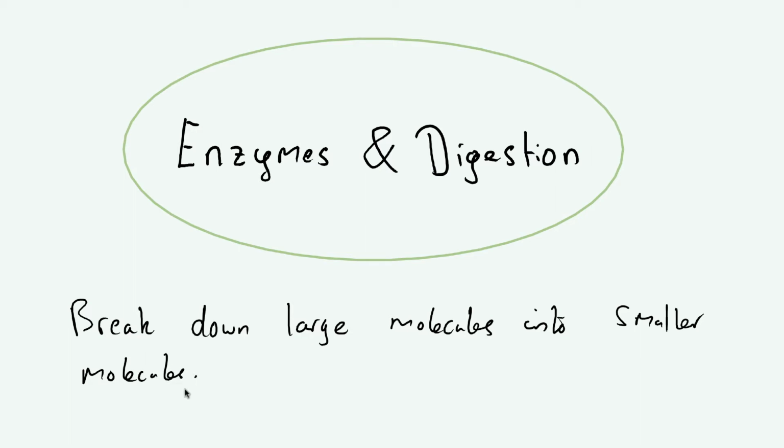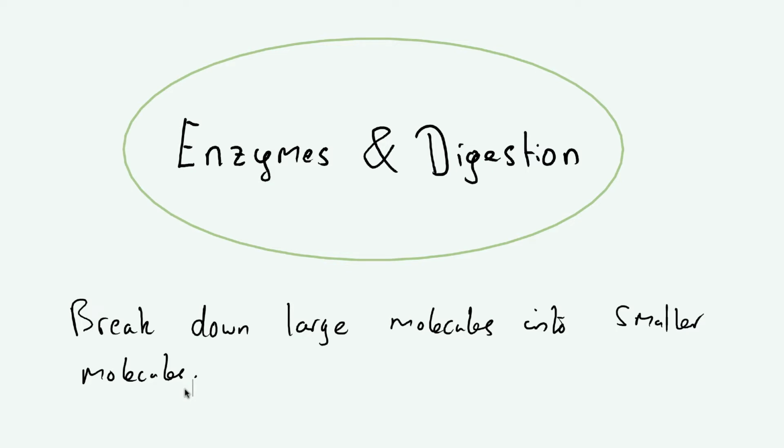That's a really basic overview, but we have in our bodies large storage molecules. Those include carbohydrates, proteins, and fats, or lipids to be more precise. Now those molecules are really large, but they are made up of smaller building blocks, and digestive enzymes are used to break them down into those small molecules.